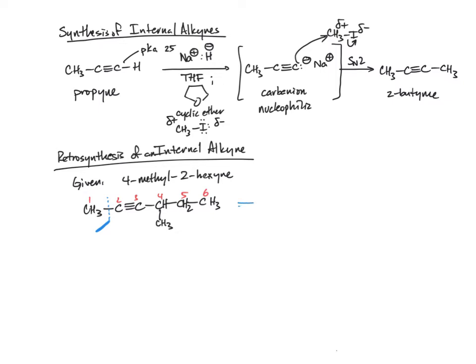And our arrow, this is a retrosynthetic arrow. Again, we're thinking sort of in reverse engineering. We know that the sp hybridized carbon of the triple bond can be negatively charged. So that's the nucleophilic component.